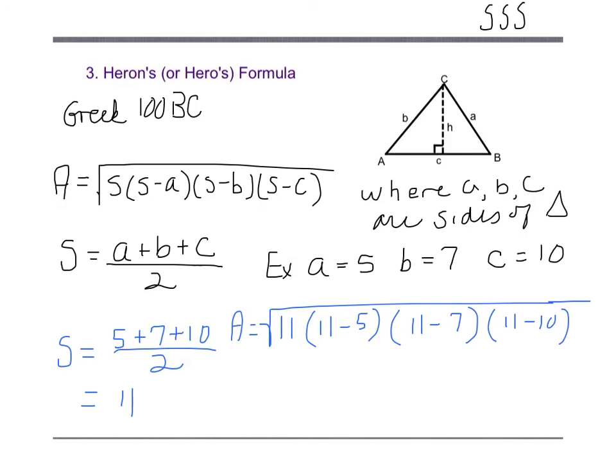I love that one. And that is going to be equal to the square root of 11 times 6 times 4, and that is equal to 16.25. Don't forget your units, squared. All right, so that's how you use Heron's formula. The hardest part about it is just trying to remember the formula. But other than that, not a big deal. So this is what you use if you're given all three sides.